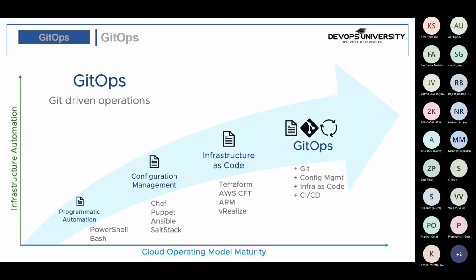We moved on to the configuration management tools like Chef, Puppet, Ansible, SaltStack. They started providing us the flexibility. Earlier we were doing a lot of manual work with the bash scripts and PowerShell or batch scripts, but we moved on with the configuration management tools.